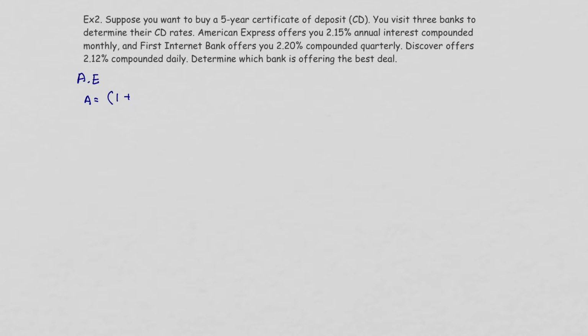Because that's the formula we're going to use here. That is equal to 1 plus rate over n, to the n exponent, minus 1. What do we call this? The effective rate of interest. So this will show you, without the principal, what the better rate is that you're going to get.